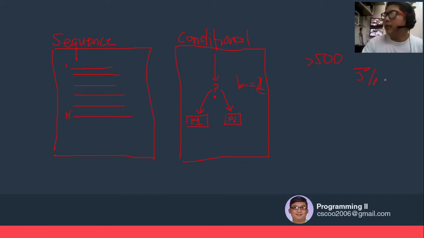If not, nothing. So the purpose is that only a certain amount is granted a particular discount. Therefore, we need to apply a single alternative, which means it only enters the discount if greater than 500. So when you develop a program for that, it's just one condition, then one outcome, and other than that, nothing. You just move on after the condition.